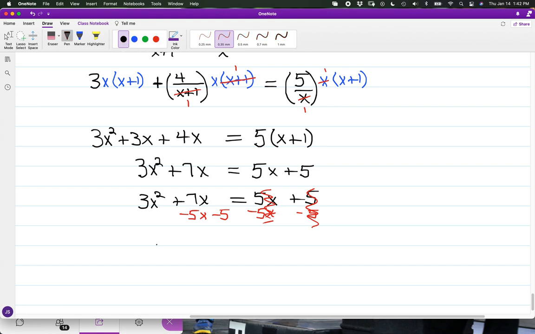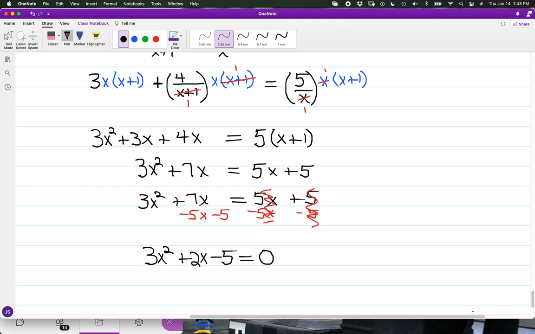And so for what we will have now, you have 3x squared, and 7x minus 5x becomes 2x. Now we've got 3x squared plus 2x minus 5 is equal to 0.